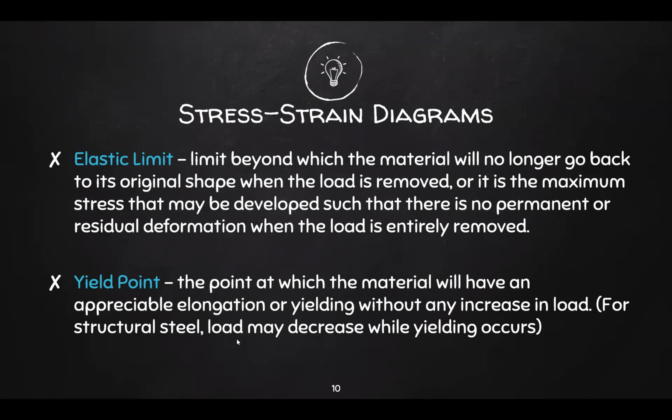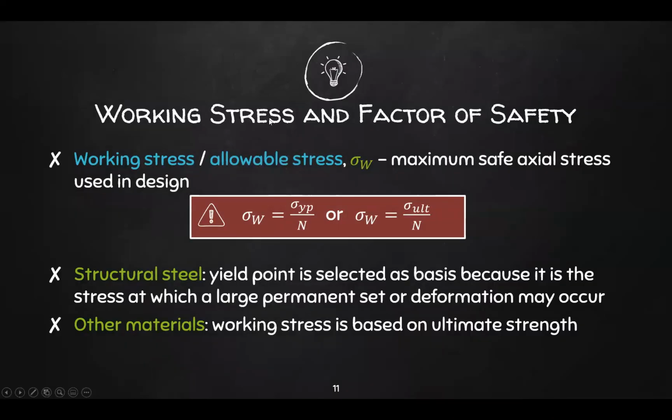For structural steel, load may decrease while yielding occurs, which I mentioned earlier in explaining the stress strain diagram. Now again, we don't want to design according to this maximum stress or yield strength. We want to design according to a working stress.